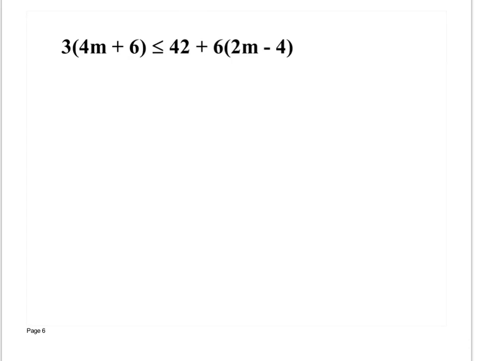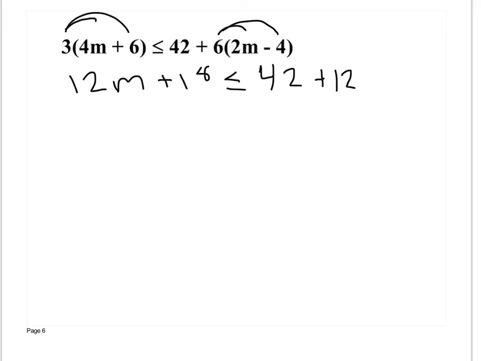All right, you have 3 times 4m plus 6. You got to distribute there. You'll have to distribute the 6. So 12m plus 18 is less than or equal to 42 plus 12m minus 24. Combine the like terms on the right, which gives you 18, because 42 minus 24 is 18.